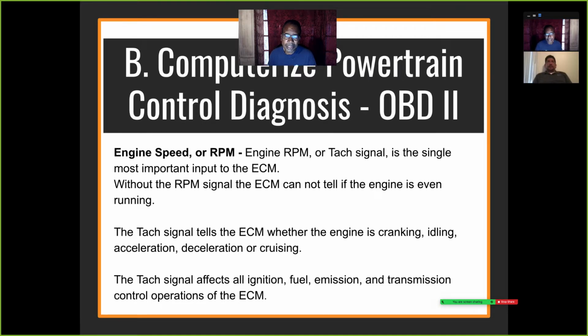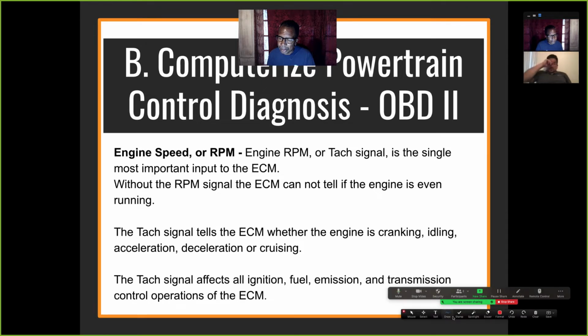The tach signal tells the ECM whether the engine is cranking, idling, accelerating, decelerating, or cruising. Here's a good example. You get a nice RPM signal into the PCM at idle, and the car is idling fine.